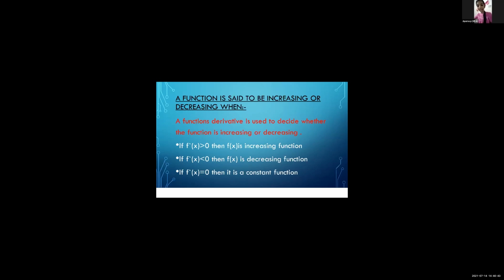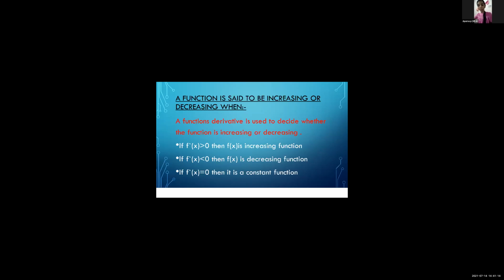The second situation is if f dash of x is less than 0, like -1, -3, or -2. If you get values which are less than 0, then we can define f of x as a decreasing function. And the third situation is if f dash of x is equal to 0, then it is a constant function.